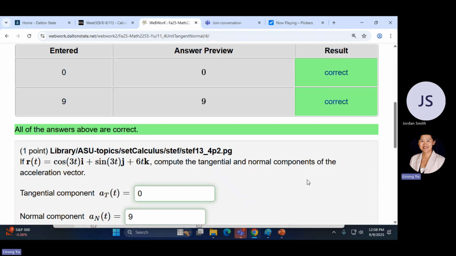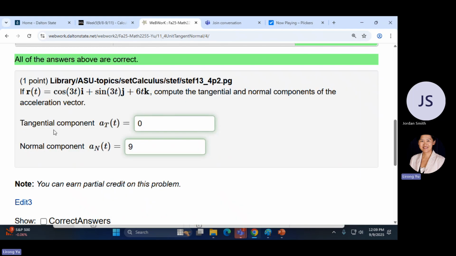So it sounds like a very complicated question, but when you sit down and look at it, it's really looking at how much component of the acceleration is in the tangent direction, and how much component is in the normal direction, changing the direction. So as far as a spiral, all the acceleration is in the normal direction.